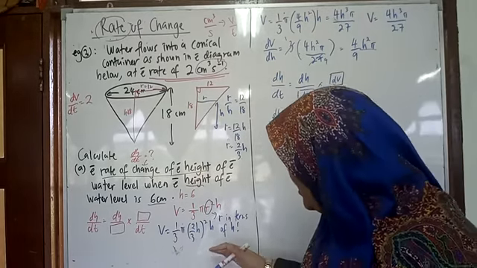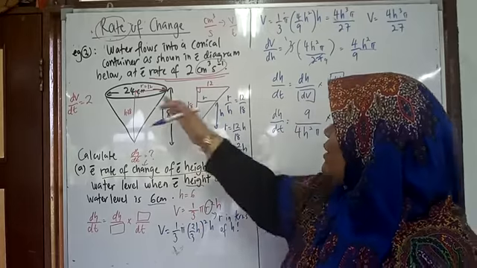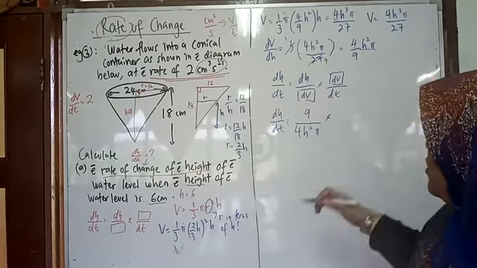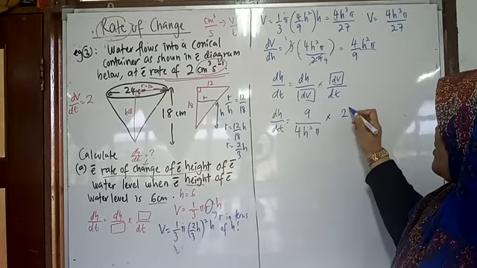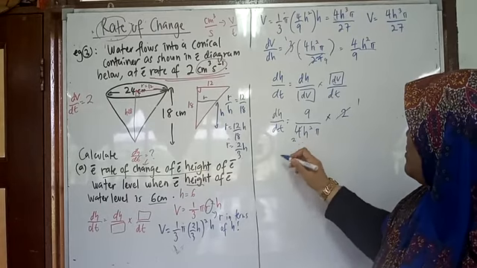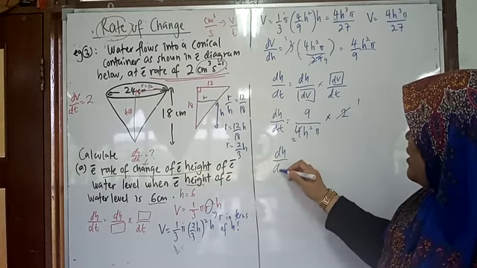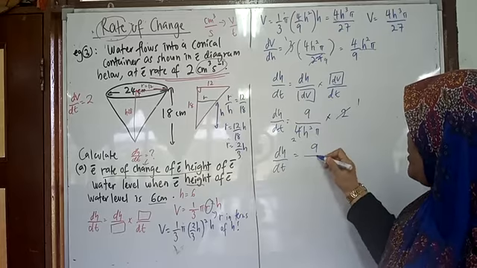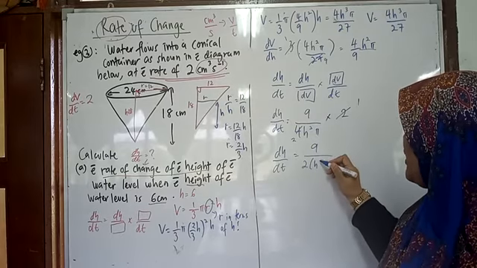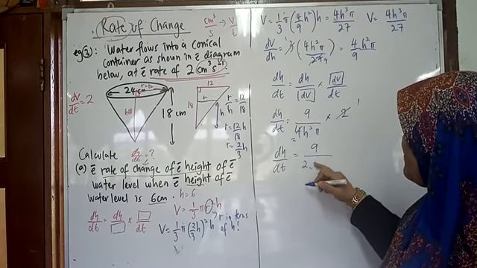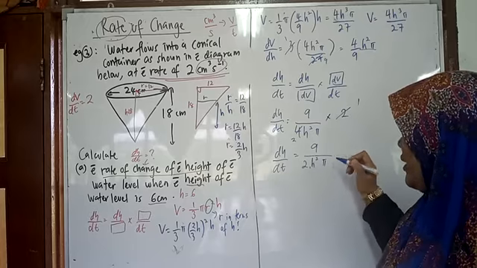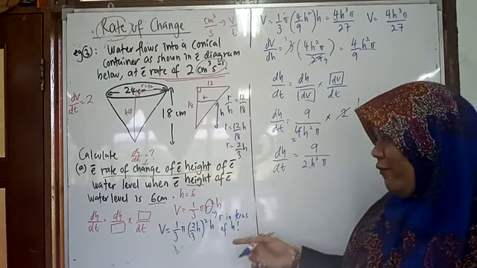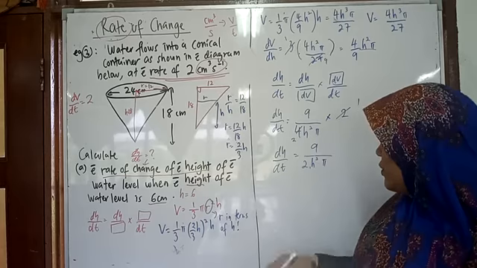Do we have dV/dt here? Yes, we have dV/dt equal to 2. So the 2 can be cancelled out, and we have dh/dt equal to 9 over 2h squared pi. Remember, what is the value of h? h is equal to 6.